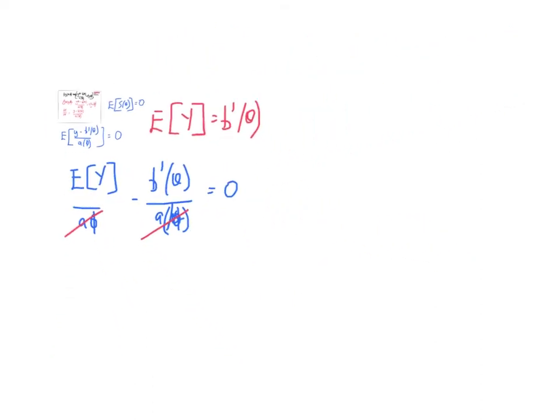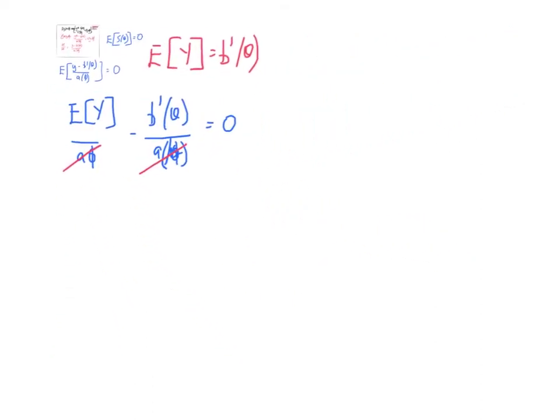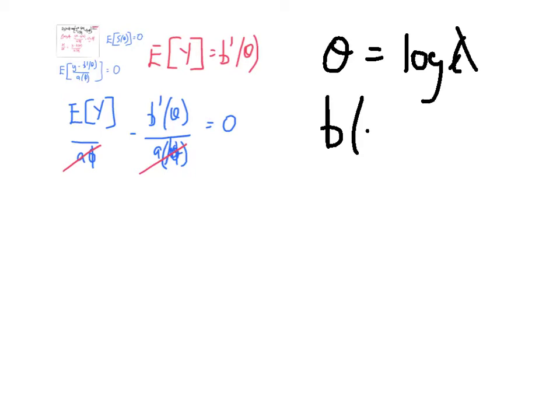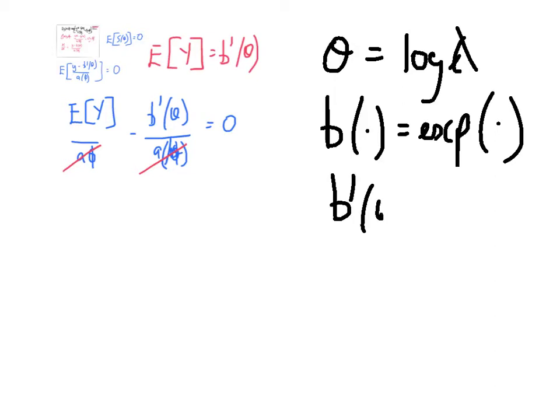We said for the Poisson that theta was equal to log lambda. We also said for the Poisson that b was equal to this function, and we know therefore that b prime is going to also be this function.